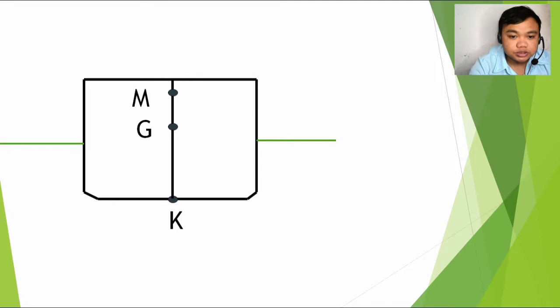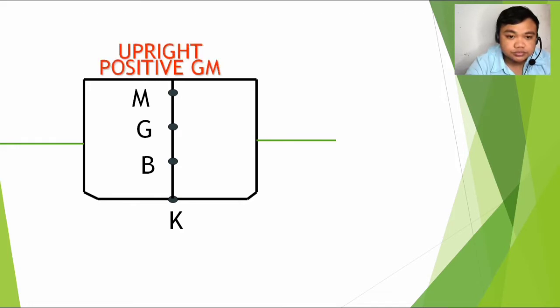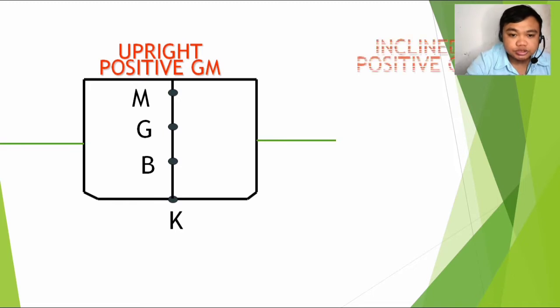Then we have the center of gravity. Then we have the center of buoyancy. In this case, we have an upright vessel with a positive GM.